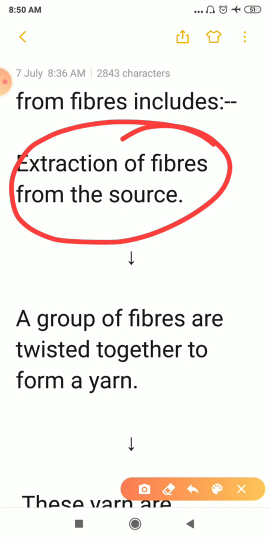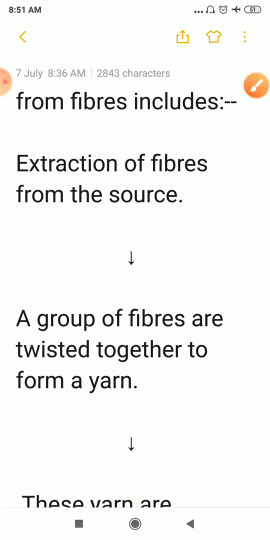After that, these fibers are joined together or twisted together to form a yarn. I have shown you the picture of yarn. You can find yarn at your home also, but those are very small pieces of yarn. And for making fabrics, we need big yarns.